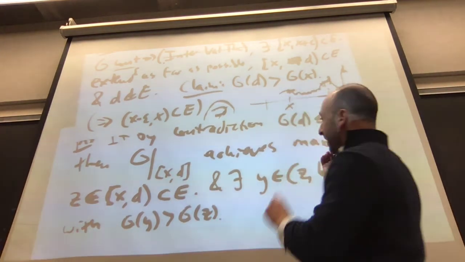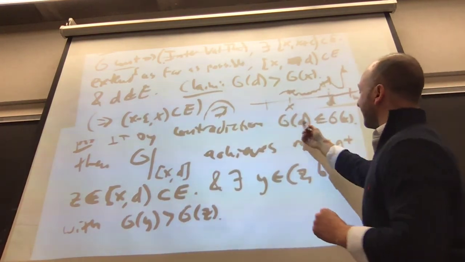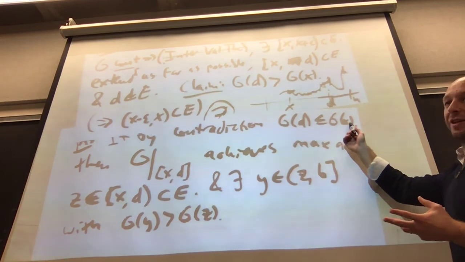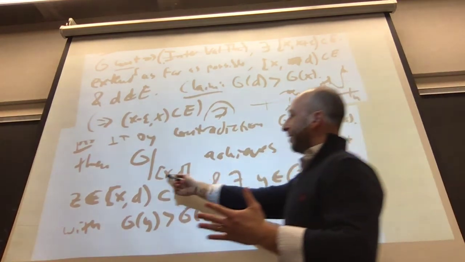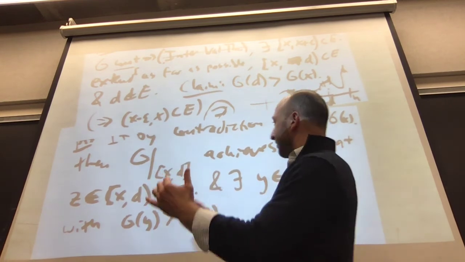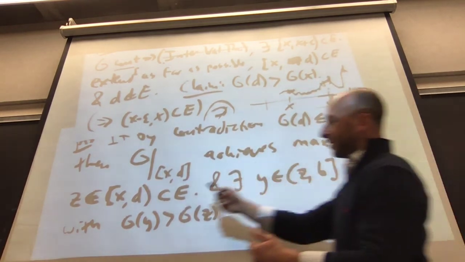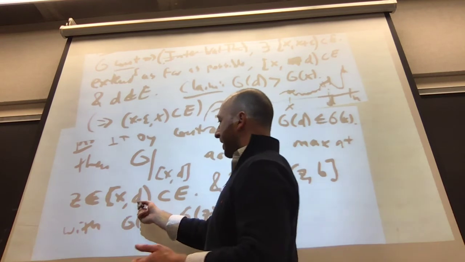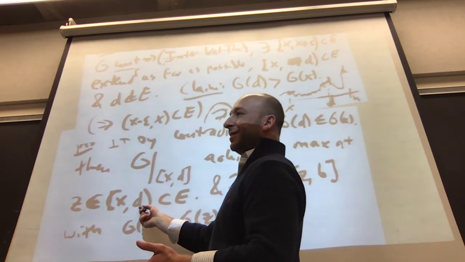If g of d is not bigger than g of x, then g restricted to this continuous function on a compact interval has a maximum. That maximum is some point. I assume that point is not d.